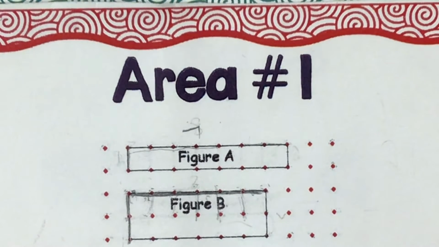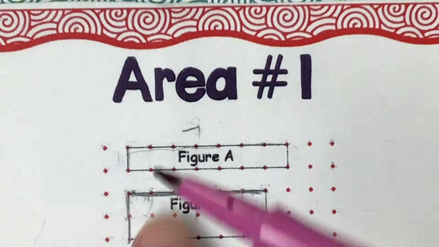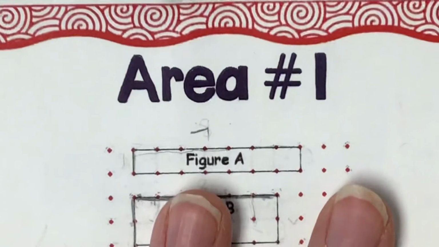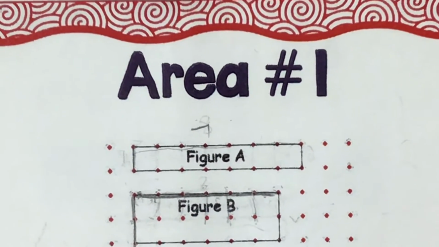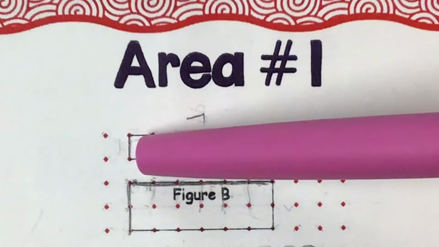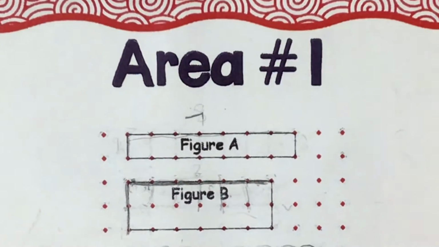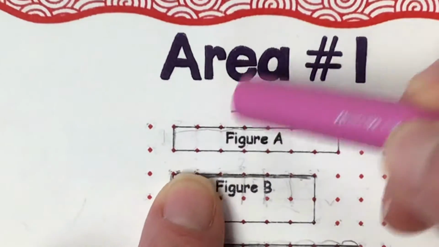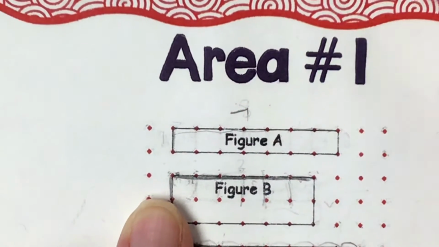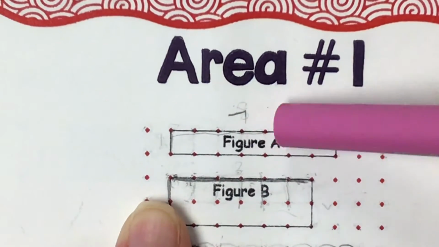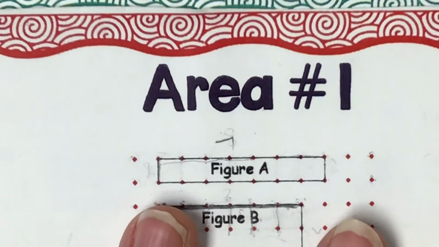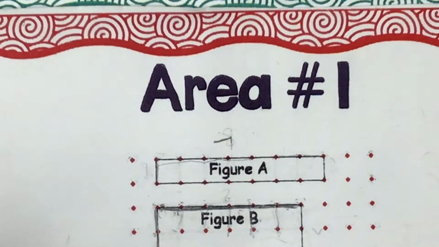We haven't pulled these out in a long time, but if you can visualize a geoboard, there would be a line going down here, and a line here, and a line here, and a line here. So how many cubic units would our area be? Can you look at it and count them?